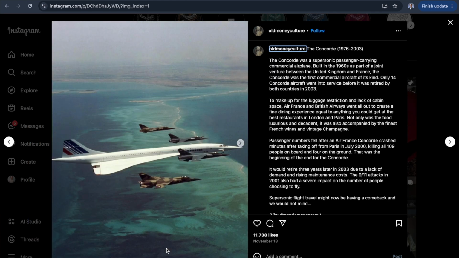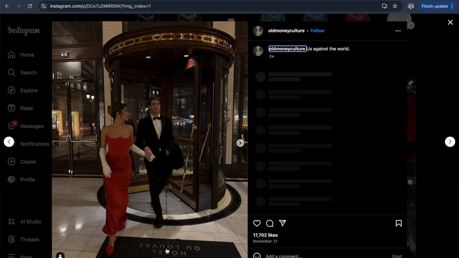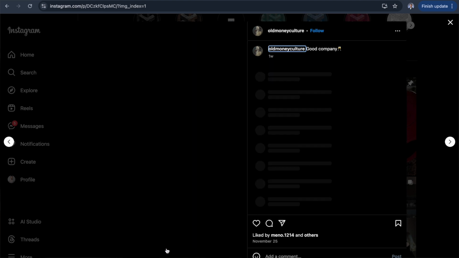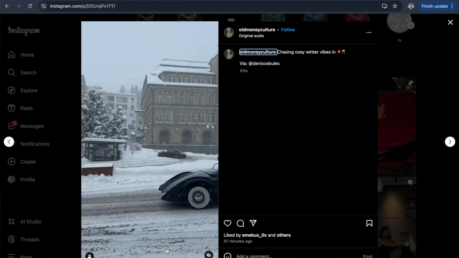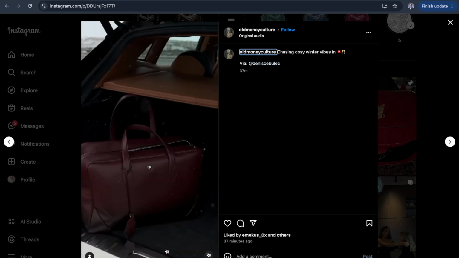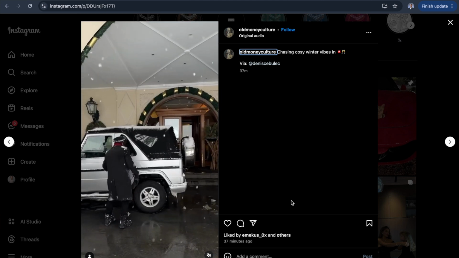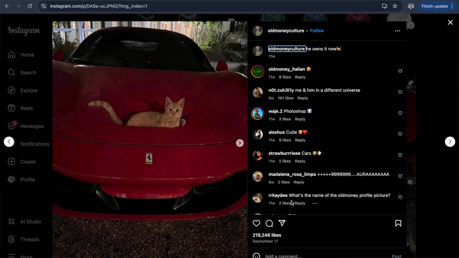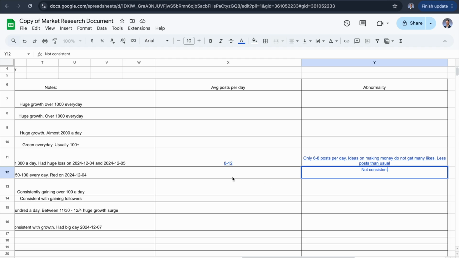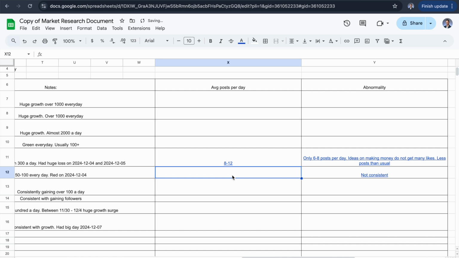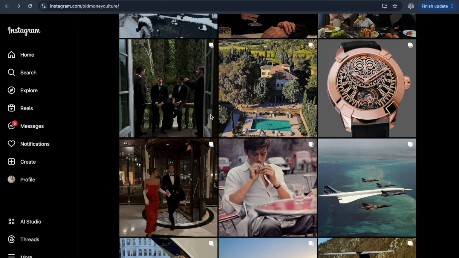Like 3 weeks, 2 weeks, 2 weeks, 2 weeks, 2 weeks, 2 weeks, 1 week, 3 days. Wow. 11, yeah, they're not consistent. I'm going to say maybe 1 because they're just not consistent with their posting.